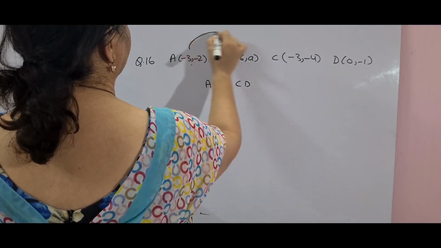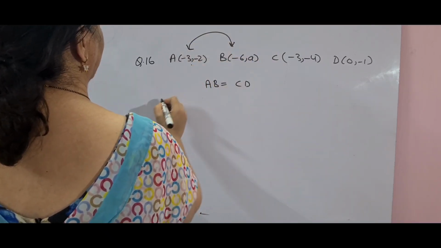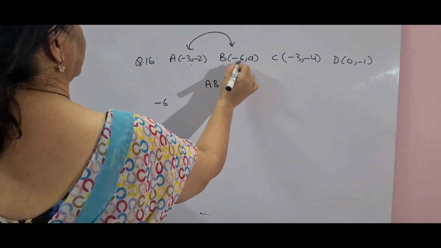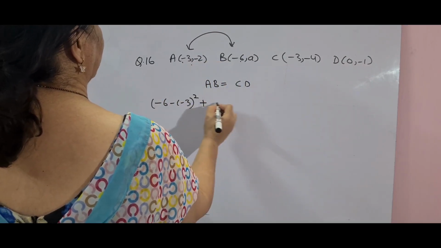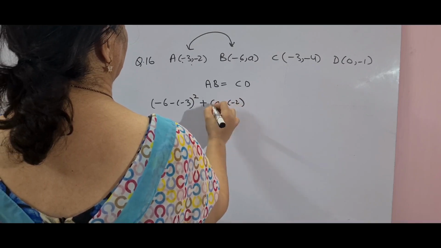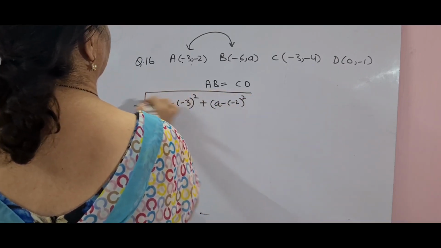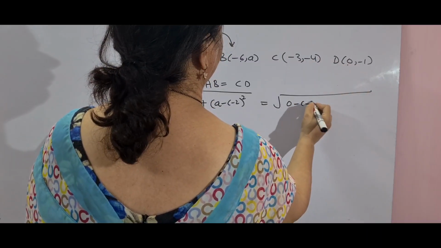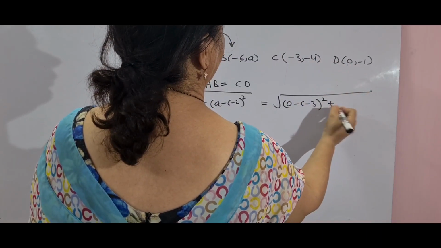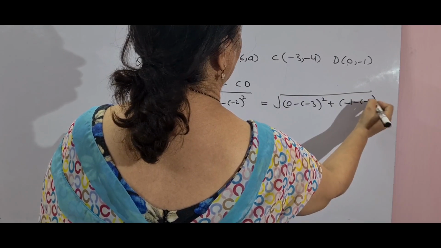So first of all you put the formula for AB. This will be the square root of (-6 - (-3)) whole square plus (a - (-2)) whole square, is equal to the square root of (0 - (-3)) whole square plus (-1 - (-4)) whole square.